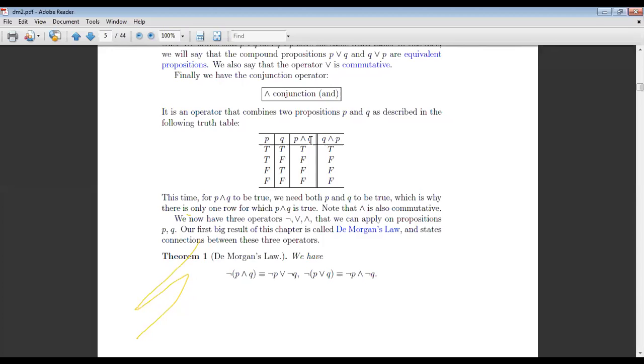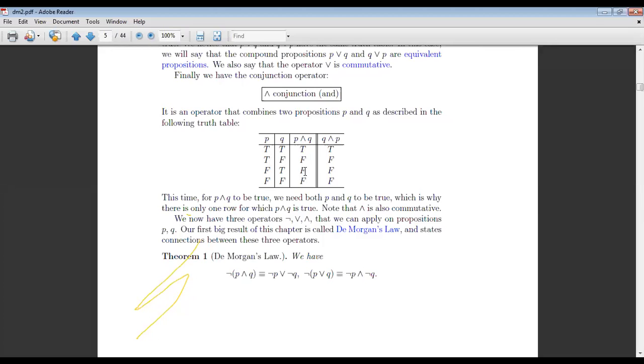So now we will come to P conjunction Q. What will P conjunction Q be? T and T is always T. T conjunction F is false. You have to remember this column.